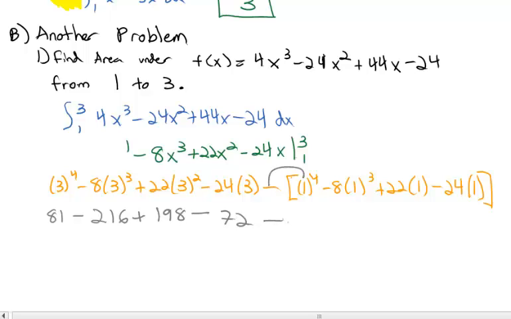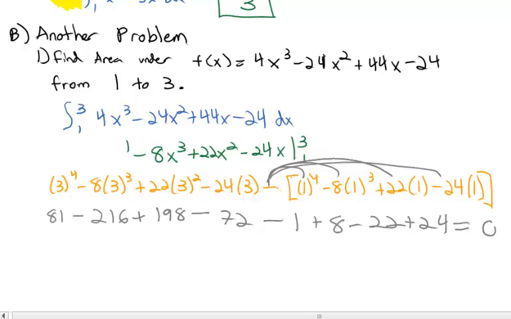Minus, distribute the negative: minus 1, plus 8, minus 22, plus 24. And so we do all of our math. 81 minus 216 plus 198 minus 72 minus 1 plus 8 minus 22 plus 24 is 0.